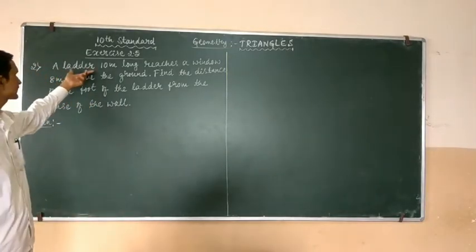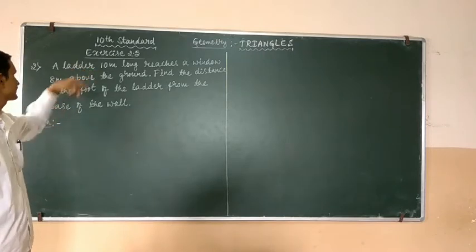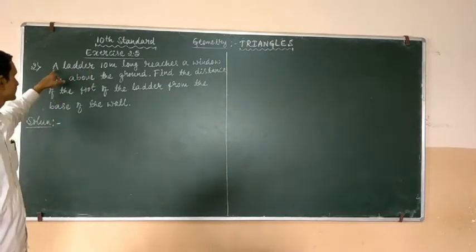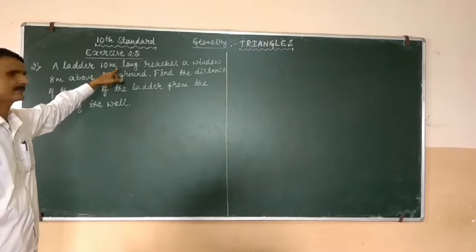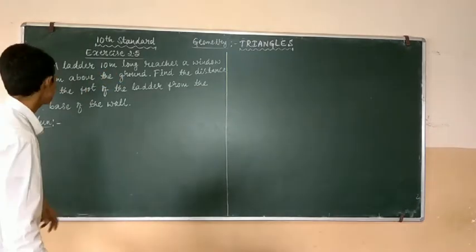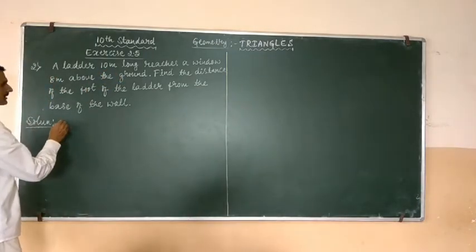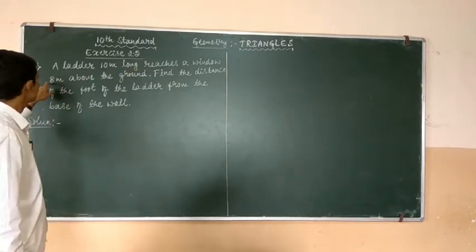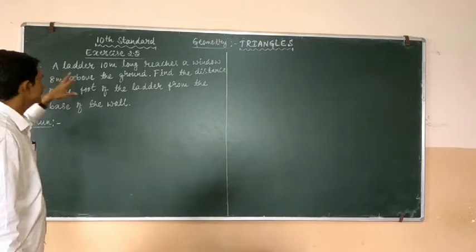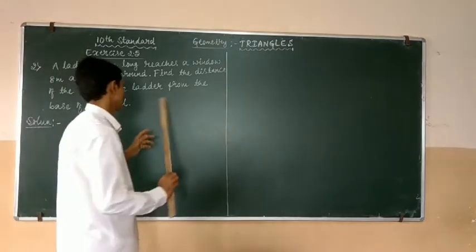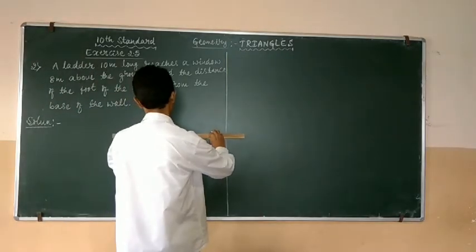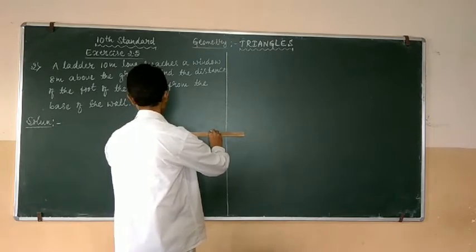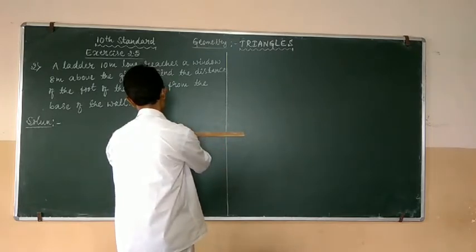If we observe the problem, the length of the ladder is 10 meter. So it reaches a window 8 meter above the ground. So that means, students, we will draw a diagram for that.